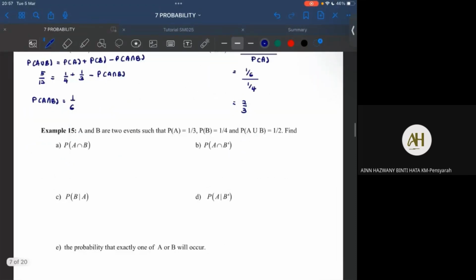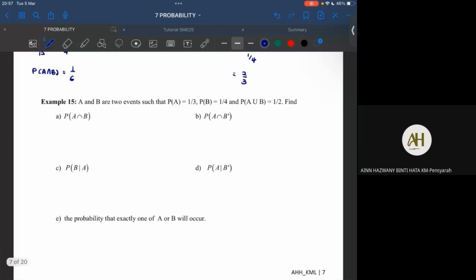Okay, so seterusnya example 15. Sini ada beberapa soalan. Faham ke yang ni betul-betul? InsyaAllah kamu faham soalan yang dalam bentuk ayat. Okay, ini very straightforward formula lah. Okay, so ini sama macam tadi.